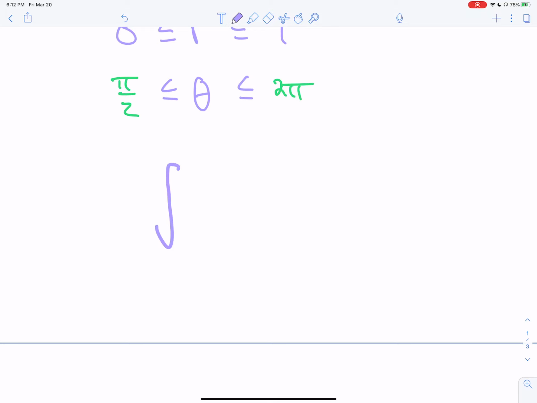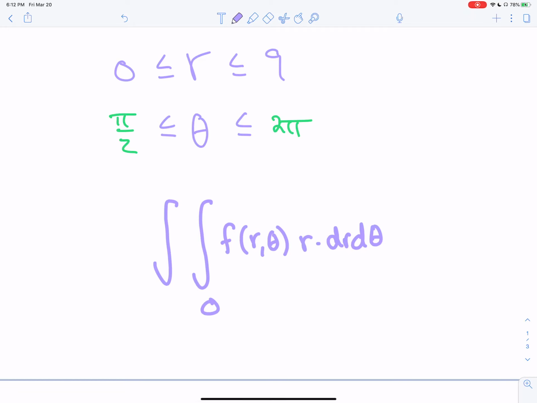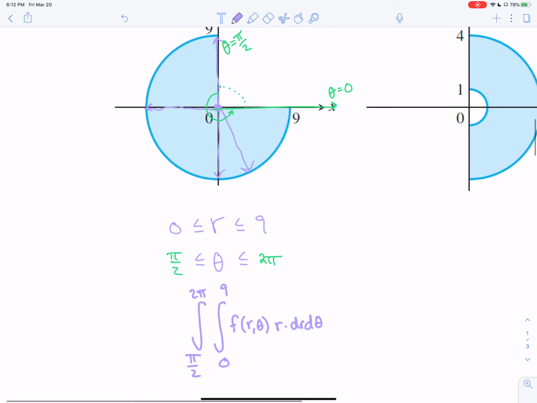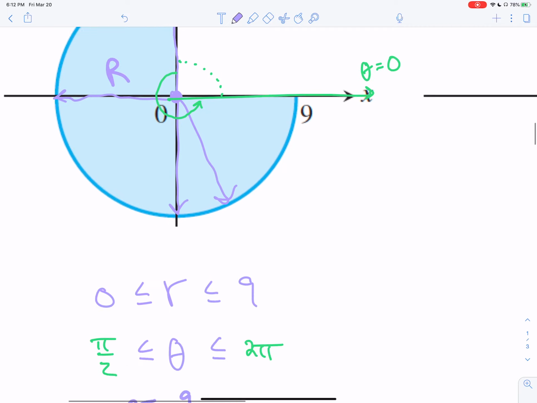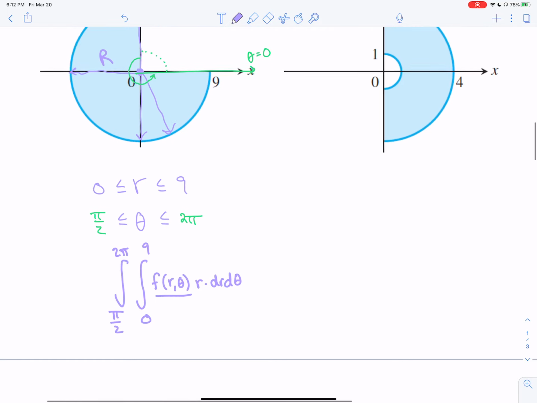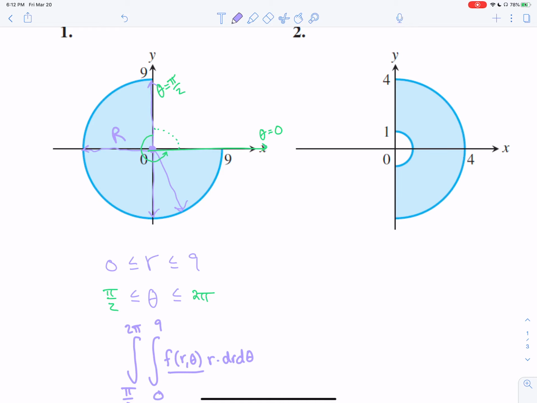The double integral of a function in terms of r and theta. Remember r dr d theta. And that would go from 0 to 9, and then from pi halves to 2 pi. That would give us this region of integration. So this is our r, where our function would live above the region. So it would be in 3D, kind of above your screen.